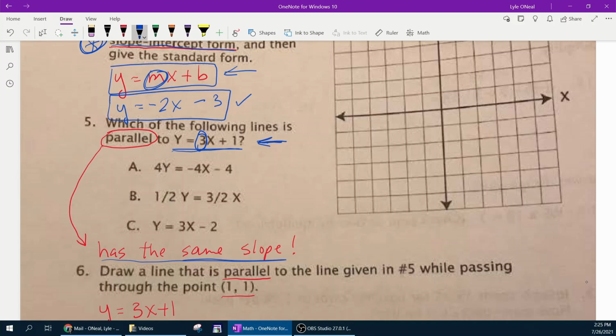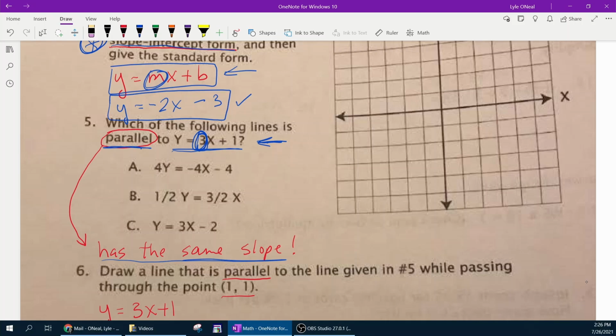And so in order to figure out which of these answers is parallel, you're going to have to know which of these equations has the same slope. Which of the equations also has a coefficient of x that is 3, but the y has to be by itself.